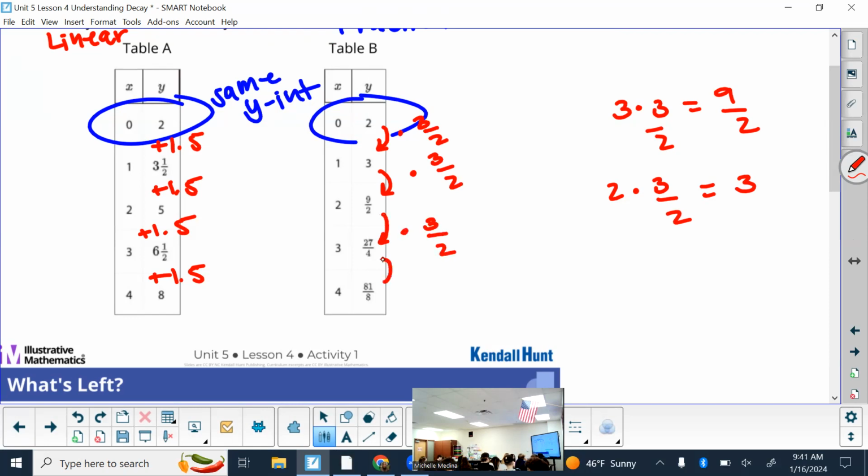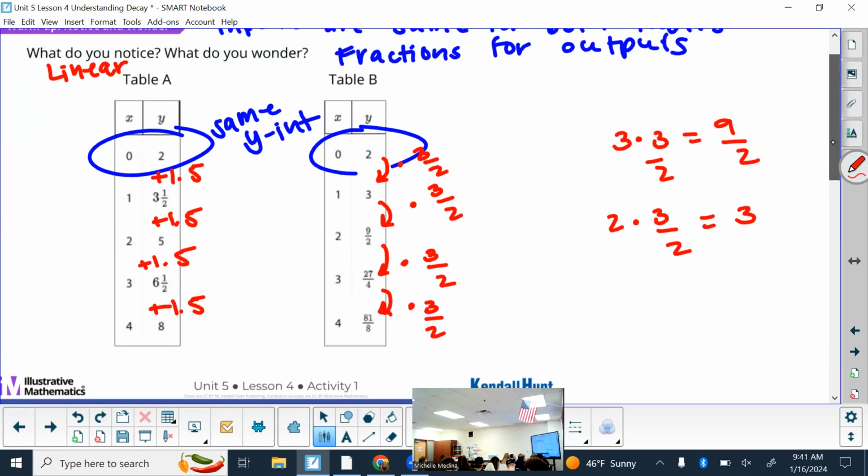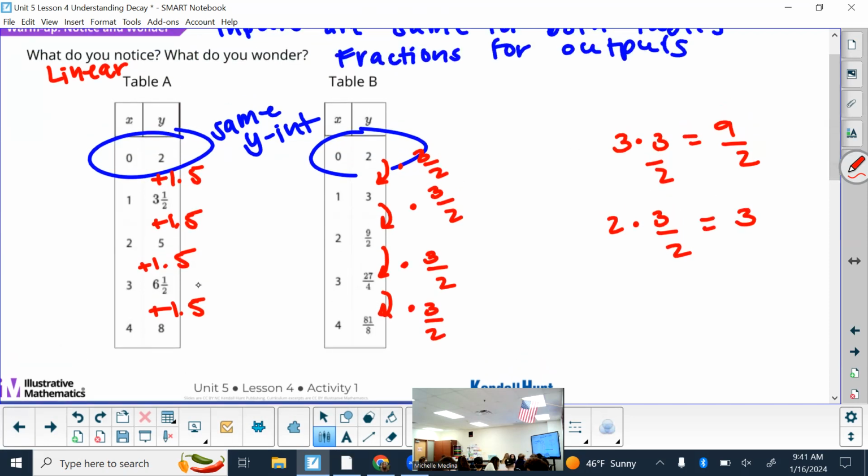What's it called when you multiply each time to get to the next number? What type of functions are those? No, that would be adding each time. There's only one other type of function I've taught you, and it happens to be the name of this unit.